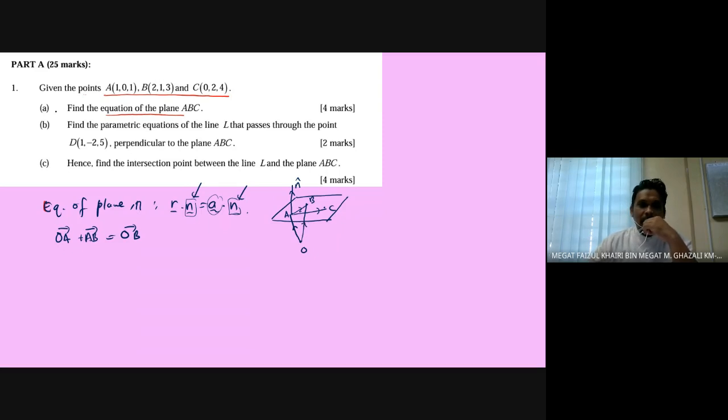So use the coordinates of A, B, and C. From 0, 0, 0 to the coordinate of A, we get OA and then AB. So AB equals OB, 2, 1, 3, minus OA, 1, 0, 1. So 2 minus 1 equals 1, 1 minus 0 equals 1, 3 minus 1 equals 2.